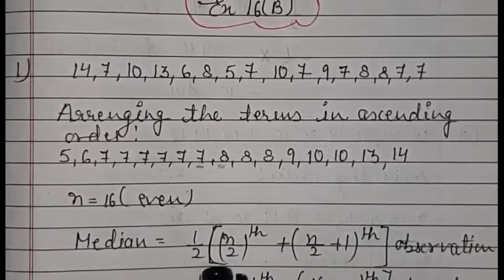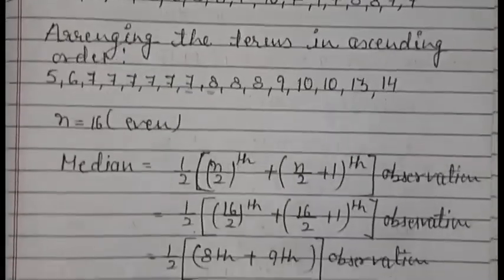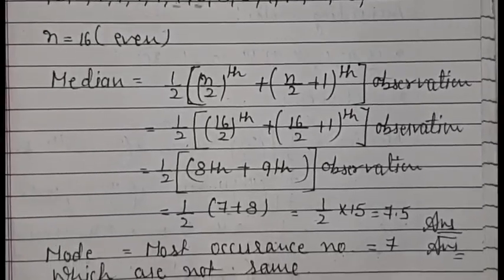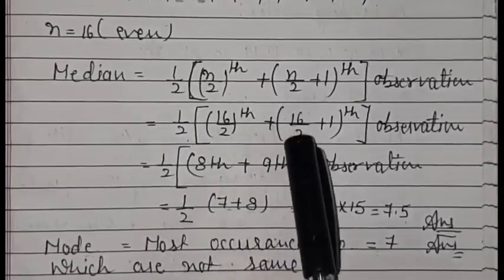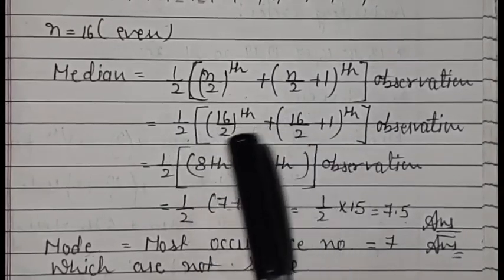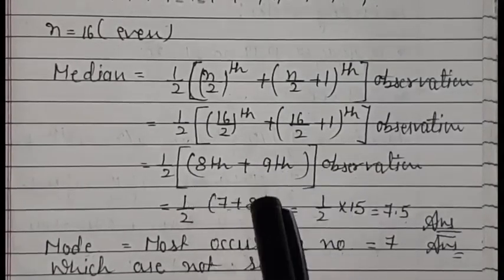Instead of n, we put 16. So it becomes 16 upon 2th observation plus 16 upon 2 plus 1th observation whole upon 2. When we solve, 8th observation plus 9th observation whole upon 2.